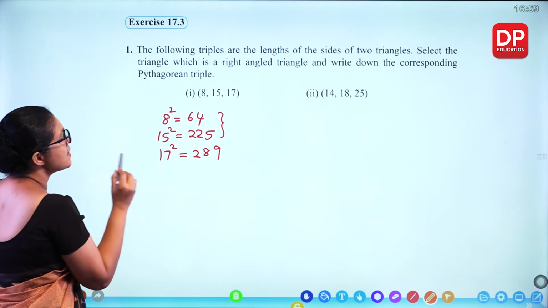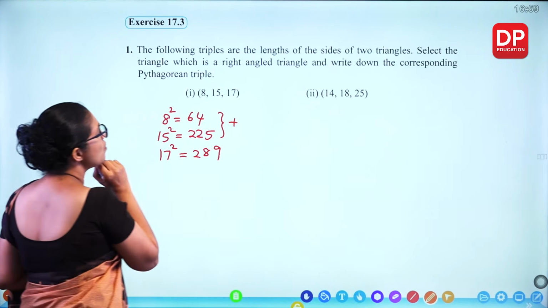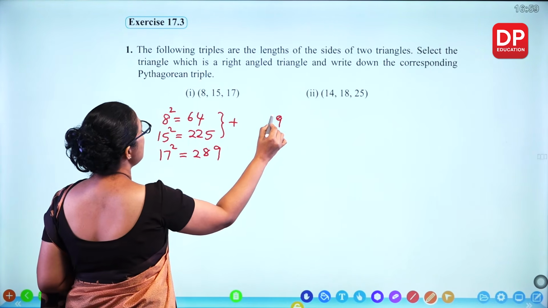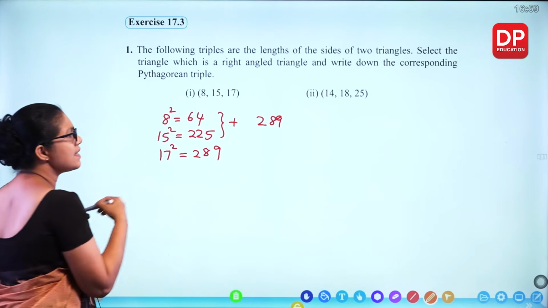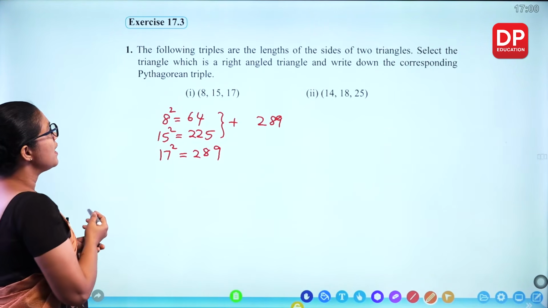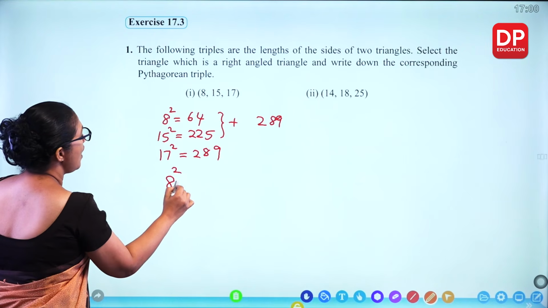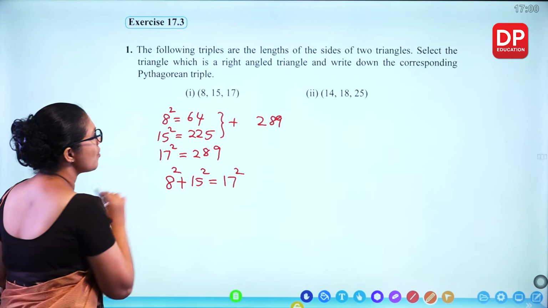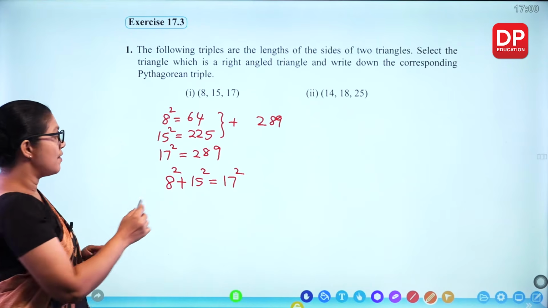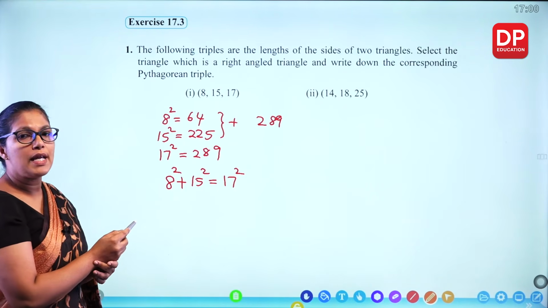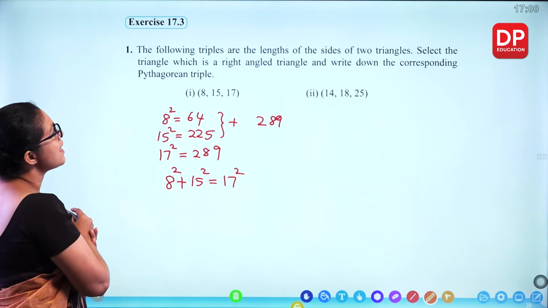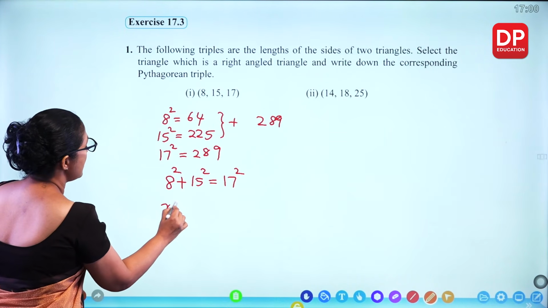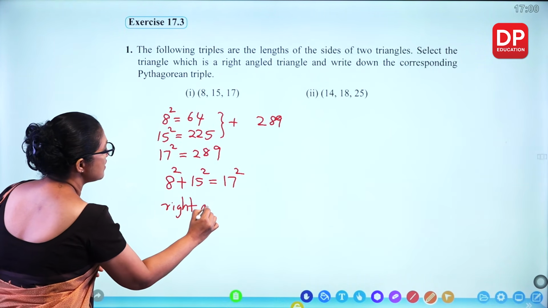When you add 64 and 225, you get 289. So we can see 8 squared plus 15 squared is equal to 17 squared. So if this one satisfies, it means this is a right angle triangle. So we can write this is a right angle triangle.